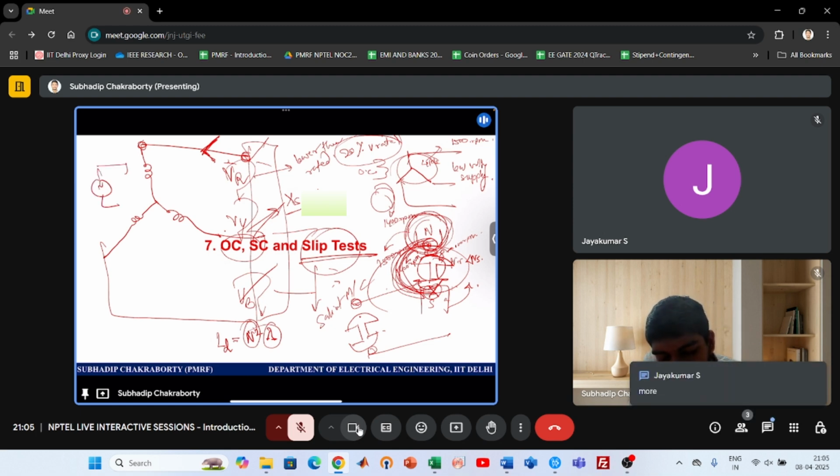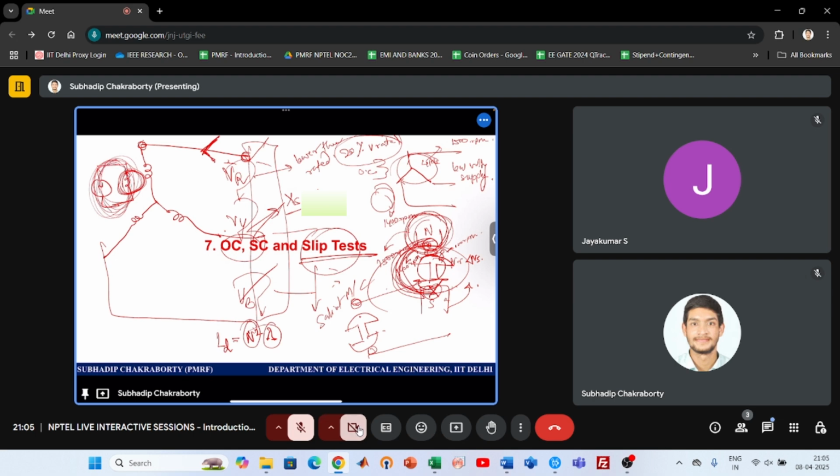So the situation is like this. I have an AC source, I have a coil. Now this coil has to generate some flux, and for that it has to take some small current. Now if the air gap is more, this reactance becomes less or more? See the formula, permeance.